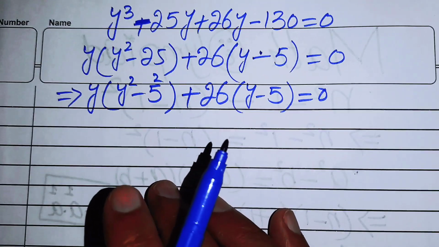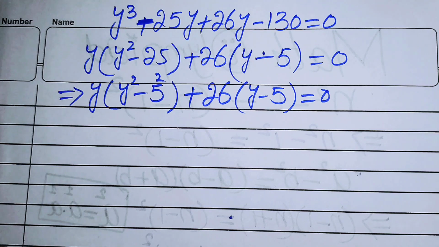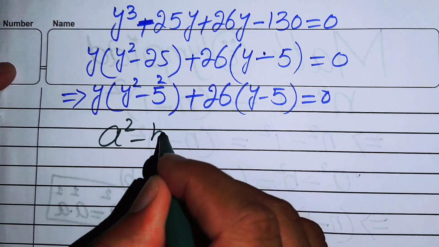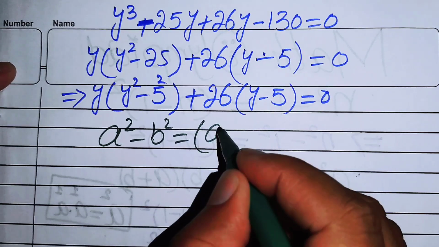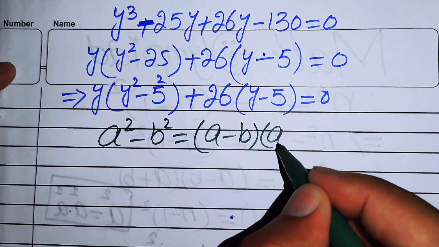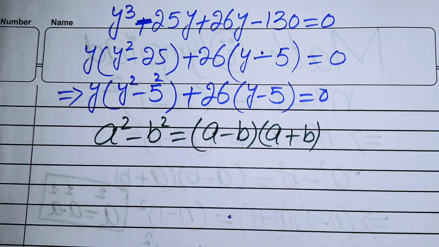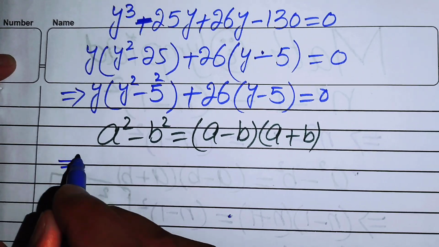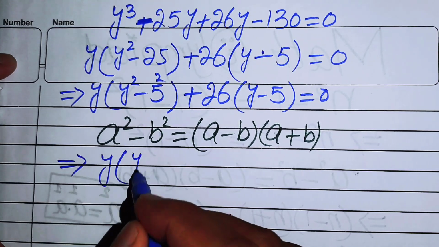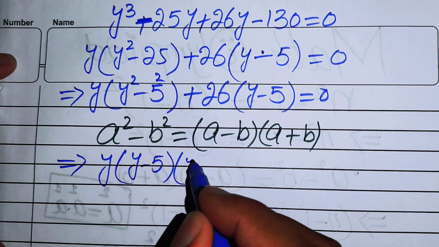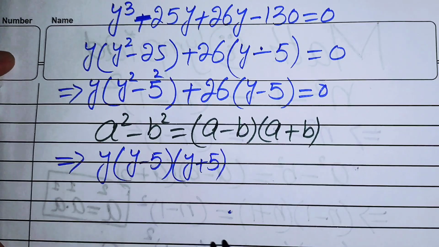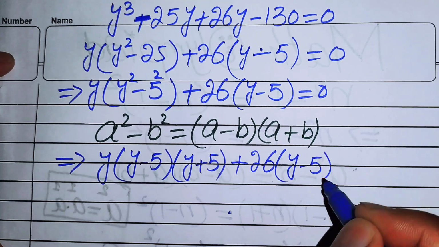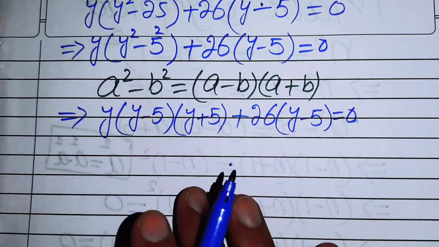And now in the next step I can use another square identity, and you know that if we have a squared minus b squared, it is equal to a minus b times a plus b. So we can use this nice formula in the first term, and you get y minus 5 times y plus 5, and here you have plus 26 times y minus 5, and its whole is equal to 0.